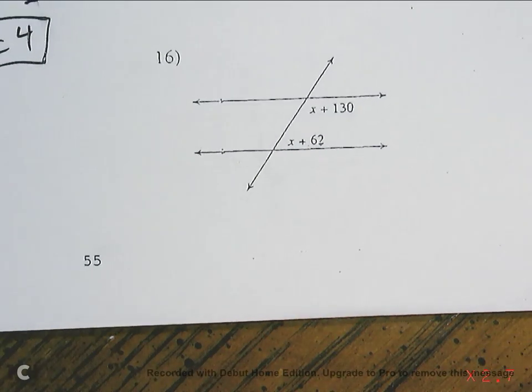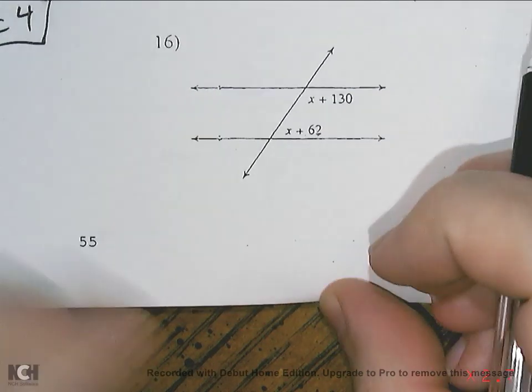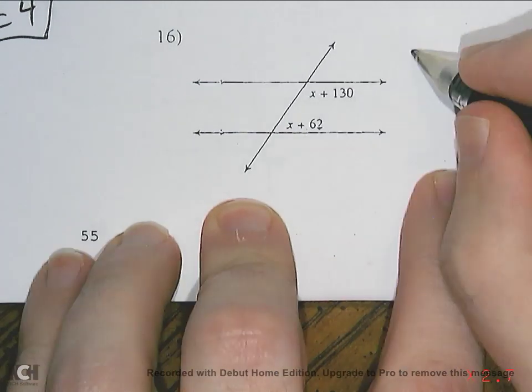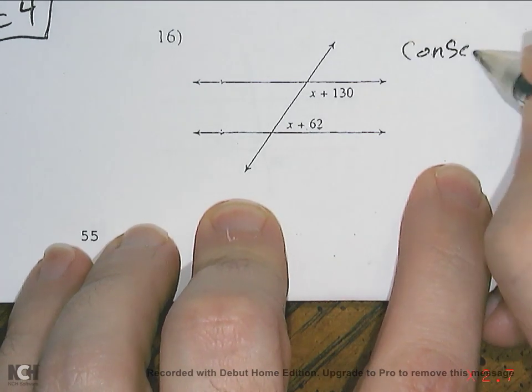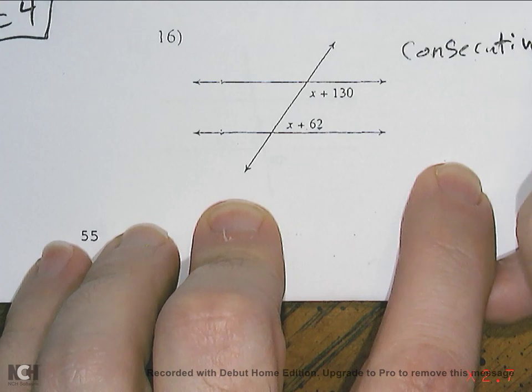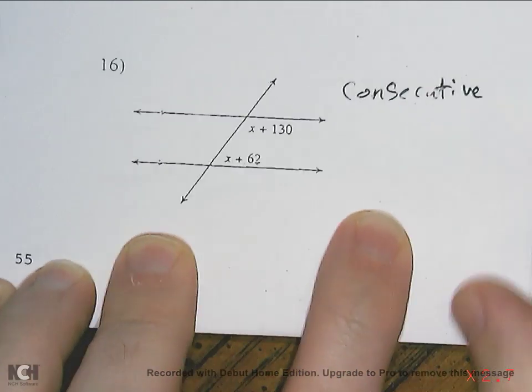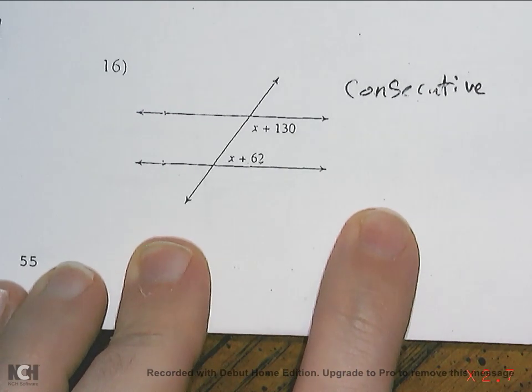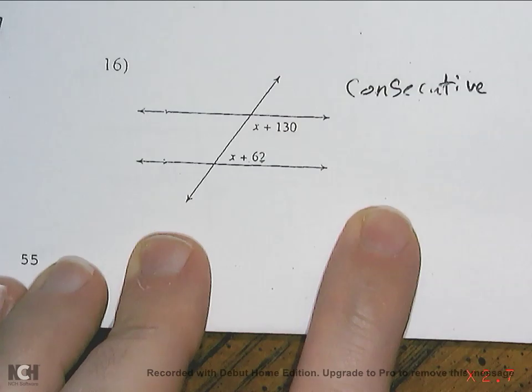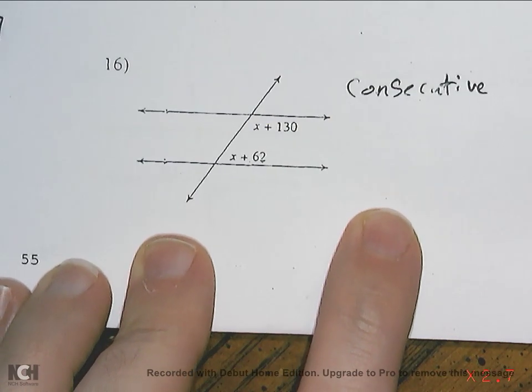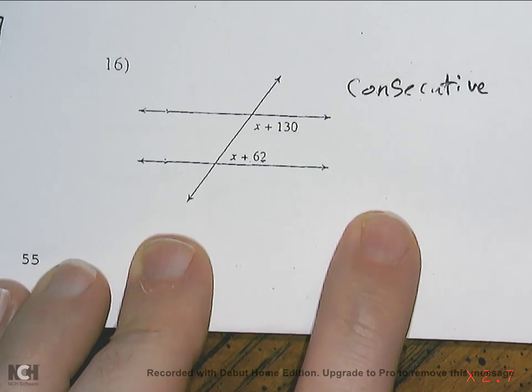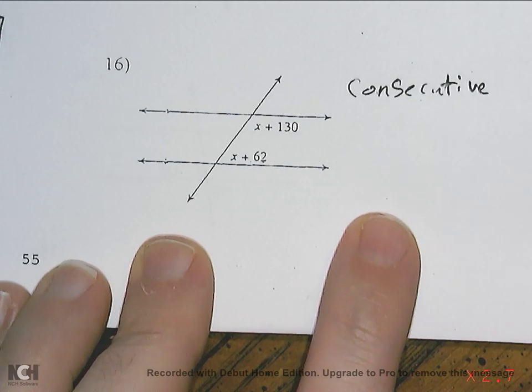This one, these are consecutive interior angles. Okay? Now there's only 2 relations that add up to 180. That is consecutive and adjacent. Everything else is equal to each other. So if you can keep those straight, which ones are 180, it should make it pretty easy. Less to remember. Just remember the 2 that add up to 180.